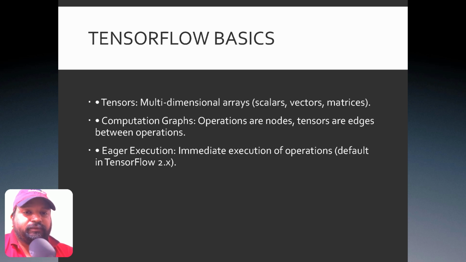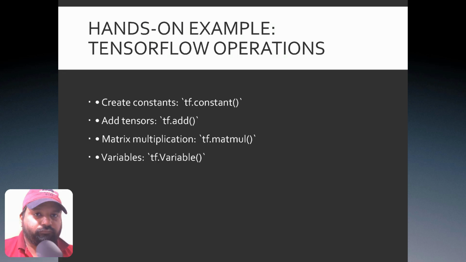These graphs are executed in a session, though TensorFlow 2.0 largely simplifies this with eager execution. Now, what is eager execution? TensorFlow 2.x uses eager execution by default, allowing you to run operations immediately without the need for separate graph building steps.